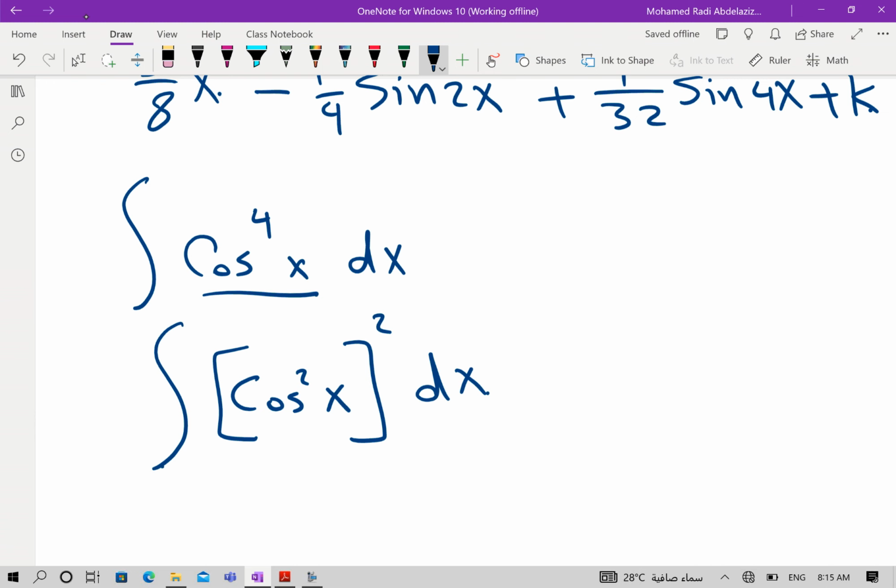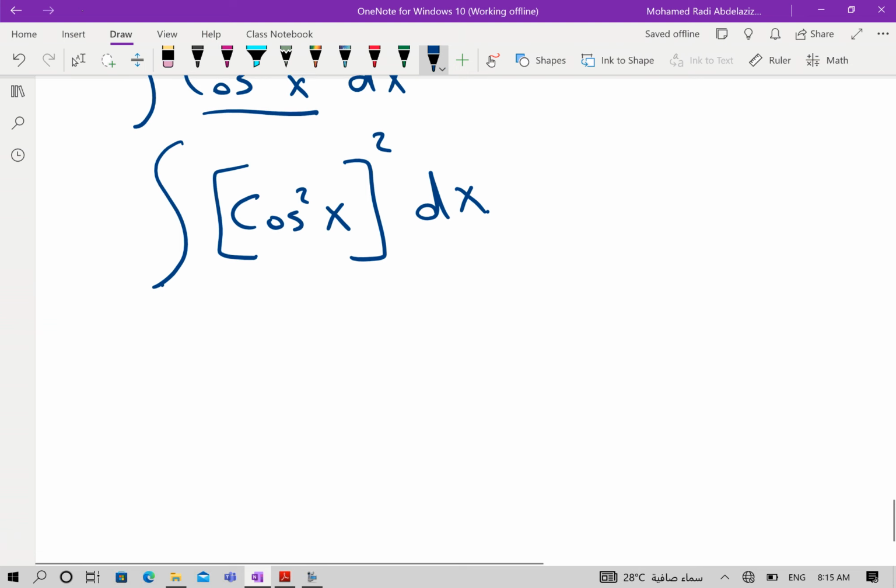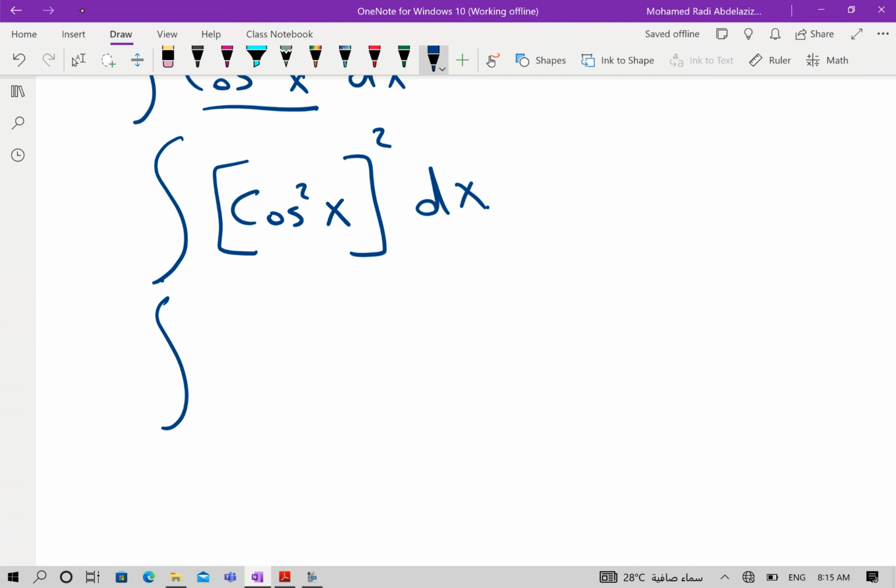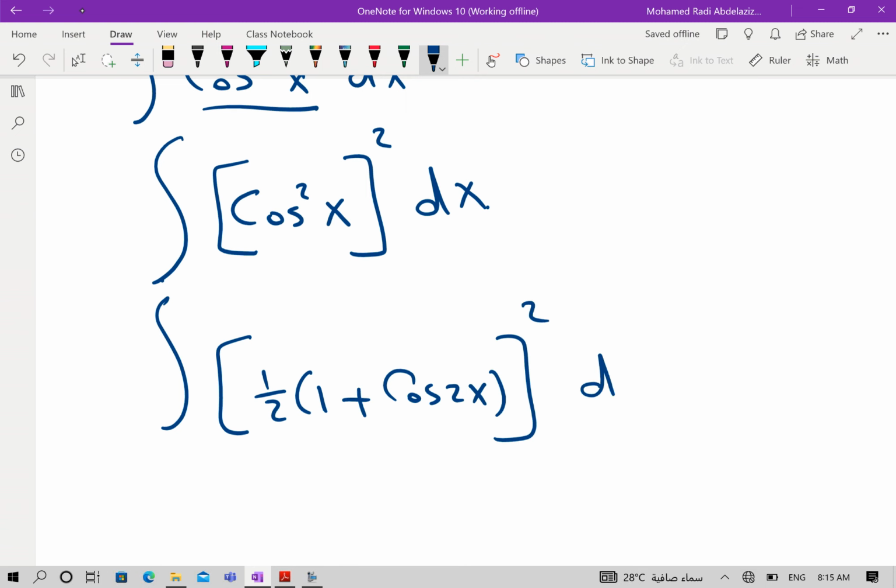or cosine squared times the cosine squared. What is the identity of cosine squared? Half 1 plus cosine 2x all to the power of 2 by dx.